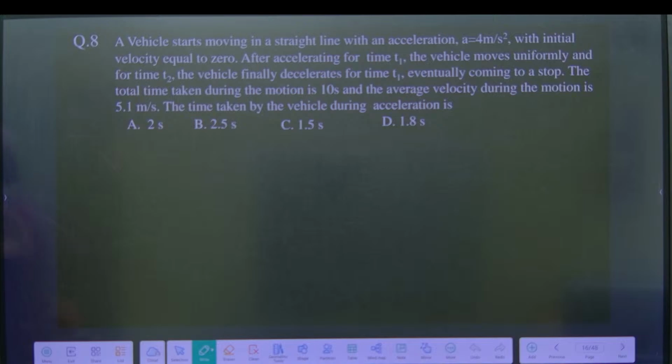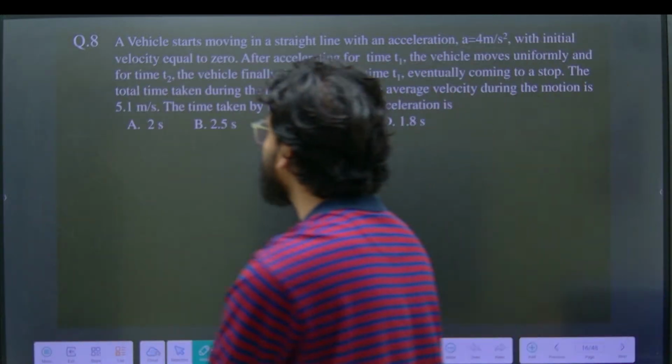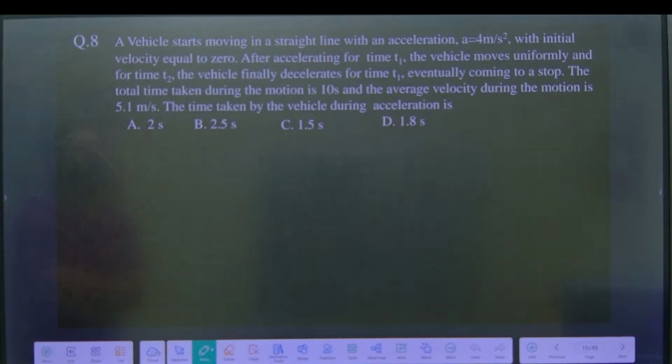Question number 8. A vehicle starts moving in a straight line with an acceleration of 4 meter per second square, with initial velocity equal to 0. After accelerating for time t1, the vehicle moves uniformly for time t2, and finally decelerates for time t1, eventually coming to a stop.